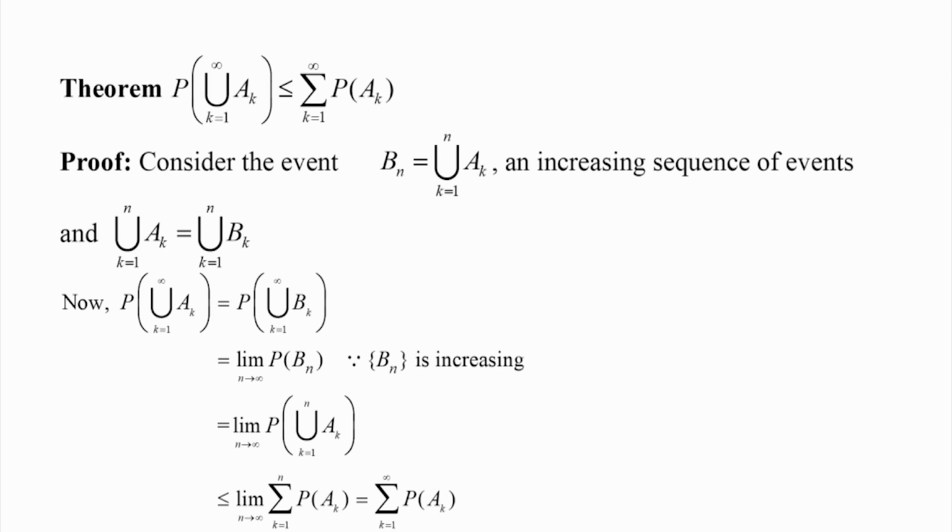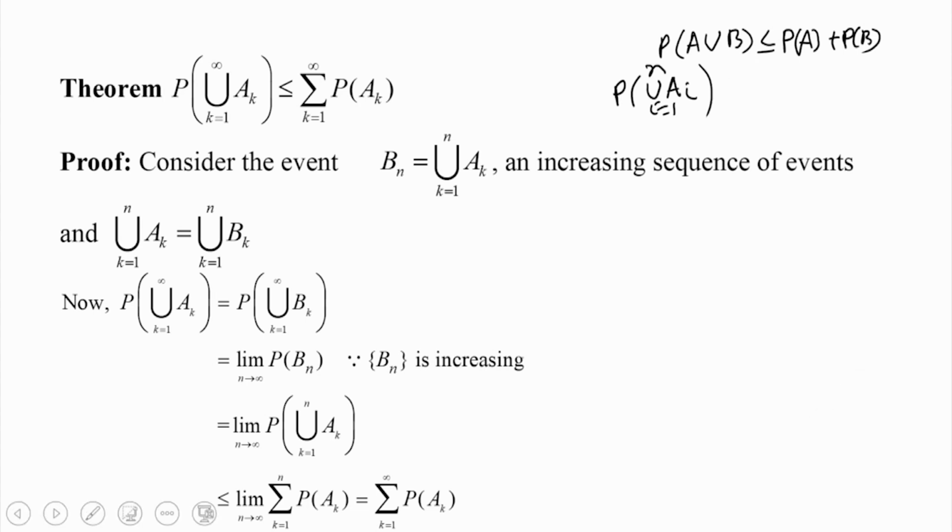We will establish one important theorem. We know that in the simple case, the probability of A union B is less than or equal to the probability of A plus the probability of B, and a general form of this theorem is, suppose I consider the union of A i, i going from 1 to n.